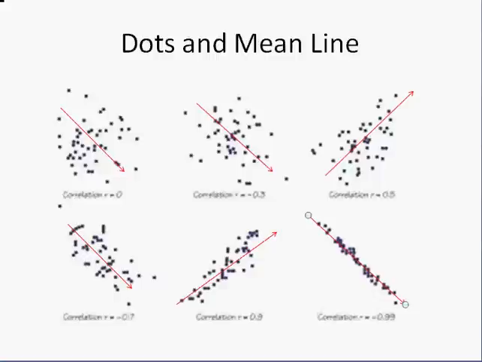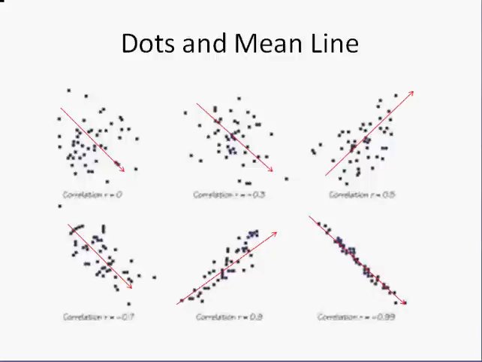These dots are observed, and the mean line, the red line, should be the expected. So this correlation is 0.99, while this other one is close to 0.